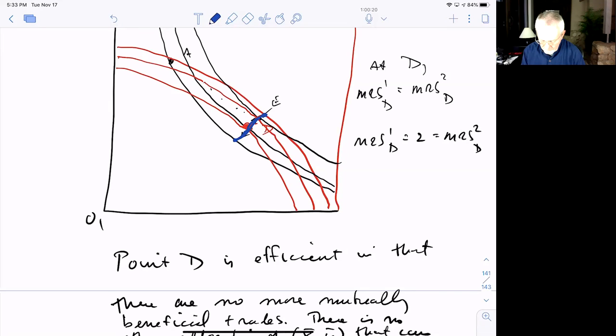And every point on this, except for these 2 points on the indifference curves, represents an allocation that is mutually beneficial to our 2 consumers than the allocation at point A, and therefore could be a point to which they trade. Now, if we were to get to a point on the indifference curves, that simply says that one of the 2 is very shrewd and captures all the gains from trade.